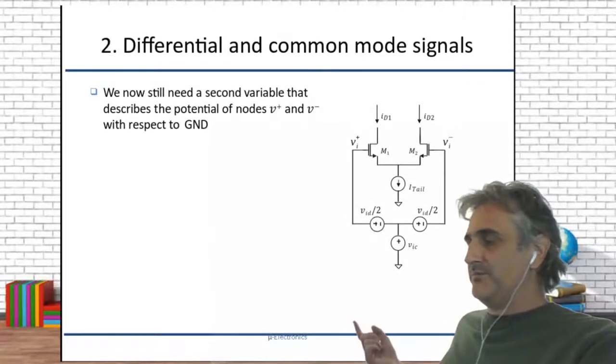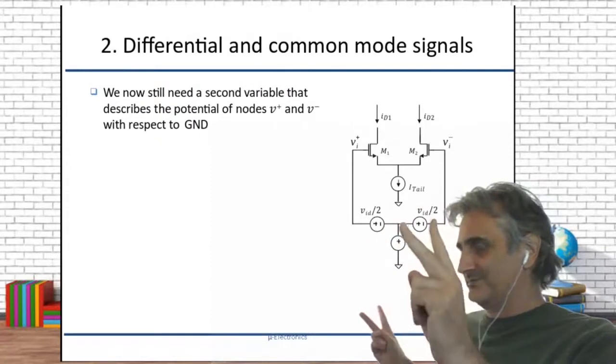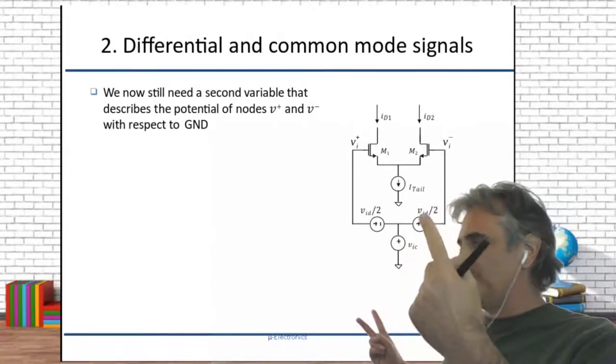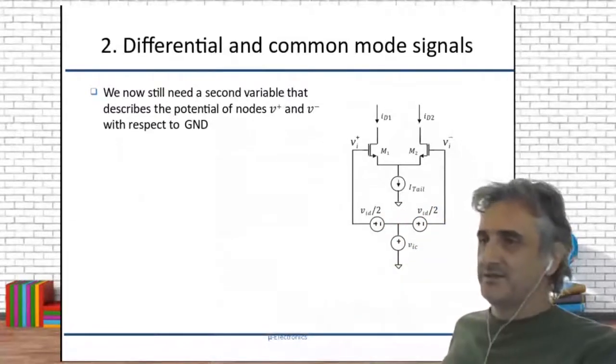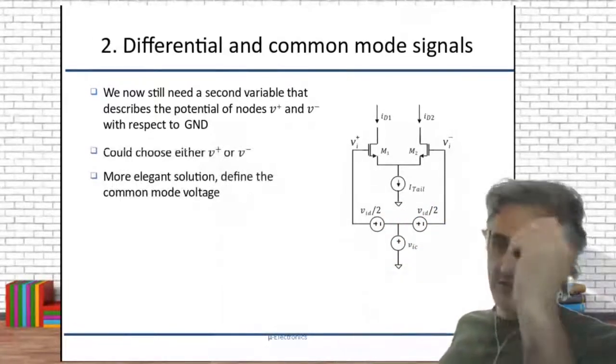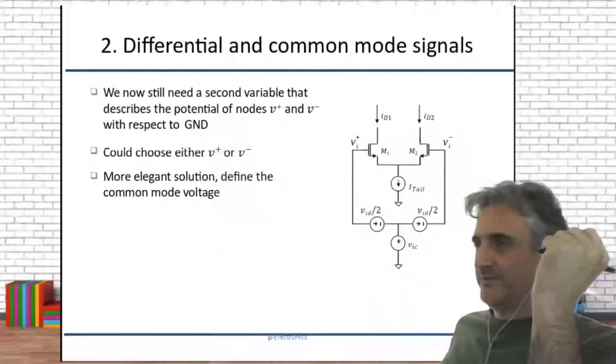And you know that if we have two values, we can map them to other two values. We cannot map to 1 or to 3 being independent. This is basic mathematics. We could choose either V plus or V minus as the reference voltage.